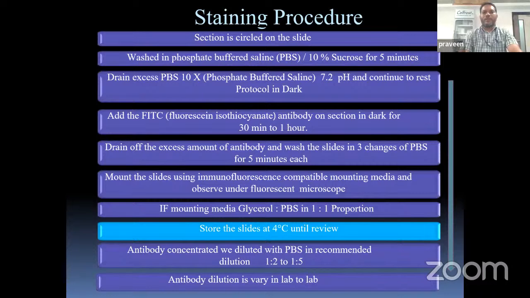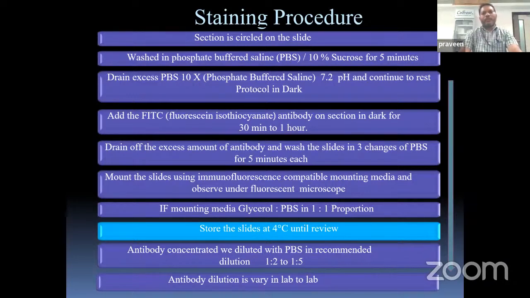This applies to the renal biopsy sent in the transport media. Then rinse with PBS, which is 10x phosphate buffered saline, whose pH is 7.2, and continue the rest of the protocol in the dark. Add the fluorescein isothiocyanate antibodies on the section in the dark for 30 minutes to 1 hour.